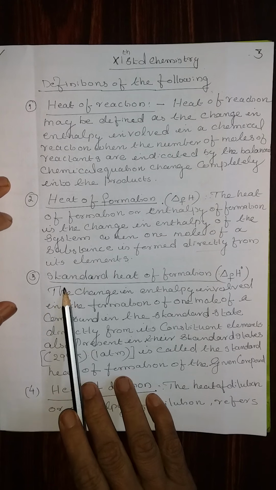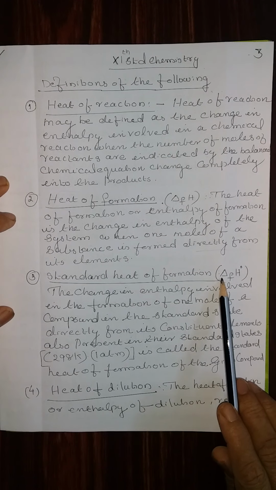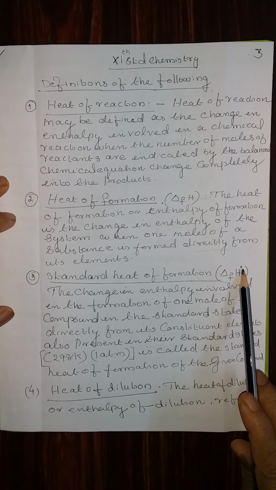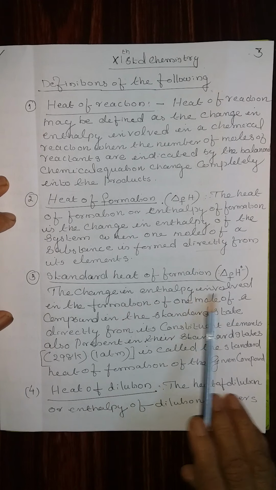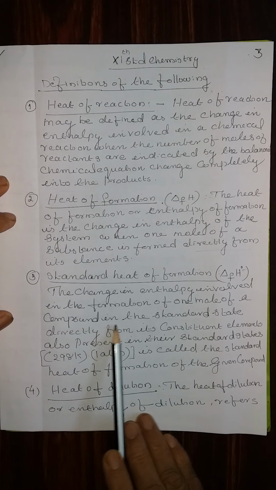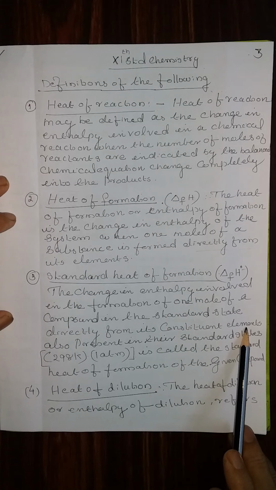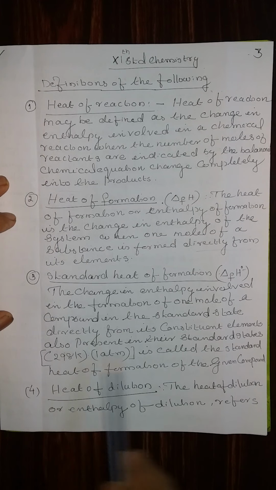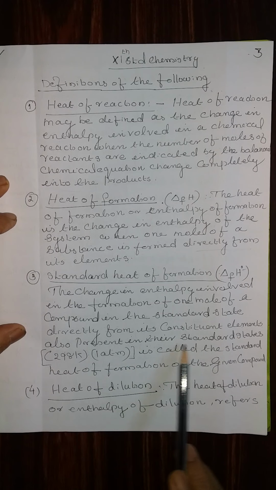Third one, standard heat of formation. The symbol is delta FH raised to the power 0. That represents the standard condition. The change in enthalpy involved in the formation of 1 mole of a compound in the standard state directly from its constituent elements also present in their standard state.